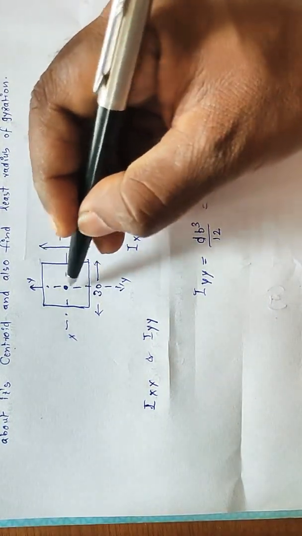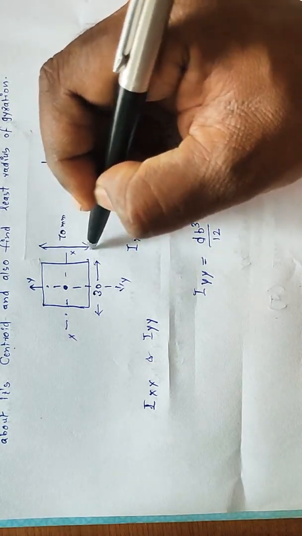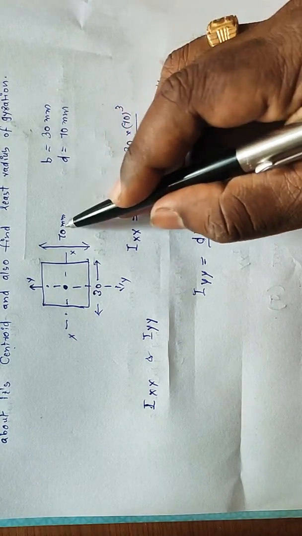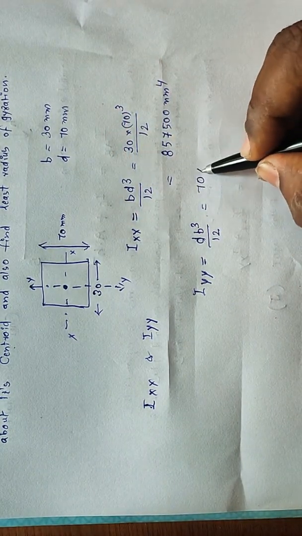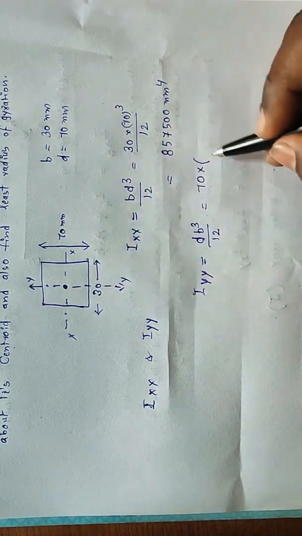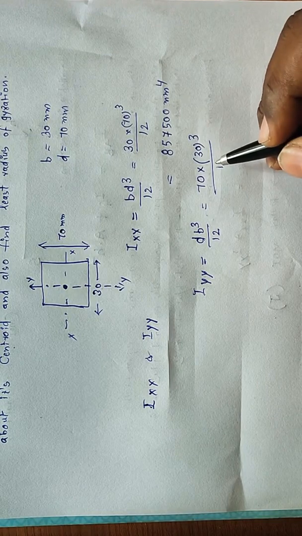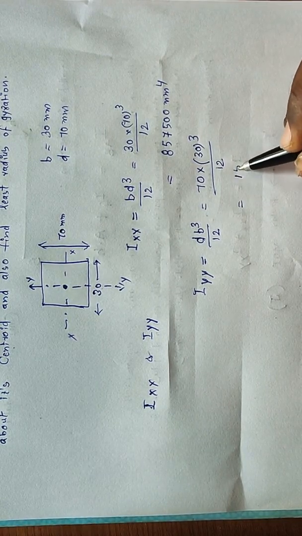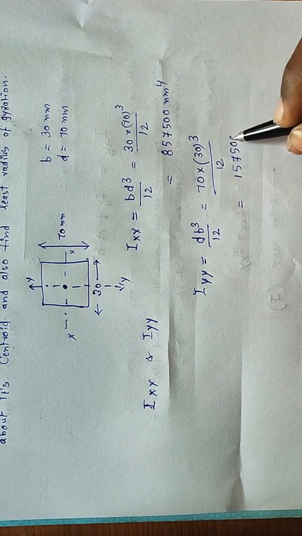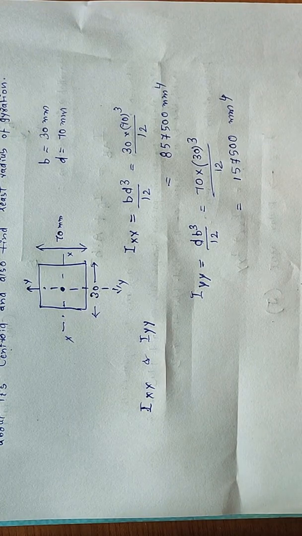Along the y-axis you have the dimension 70 mm, which we assume as d, so that letter comes first, 70 mm. d into b, the remaining dimension, 30 cube by 12. If you calculate, you get 157,500 mm to the power of 4. So the units of moment of inertia are mm to the power of 4.